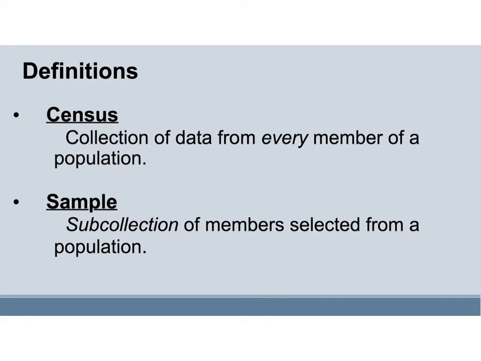When we actually get our data from a population, it's called doing a census. In the United States, we do a census every 10 years. In that 10 years, they try to get absolutely everybody in the United States, well, every adult in the United States, to answer a survey about certain questions.